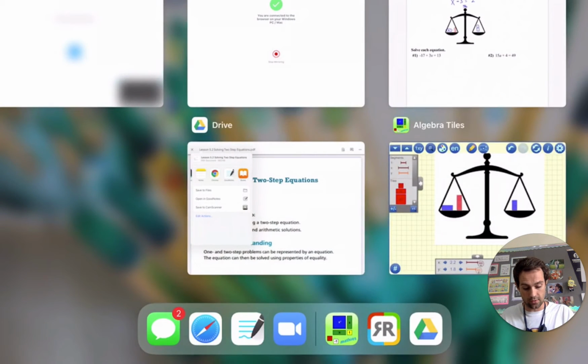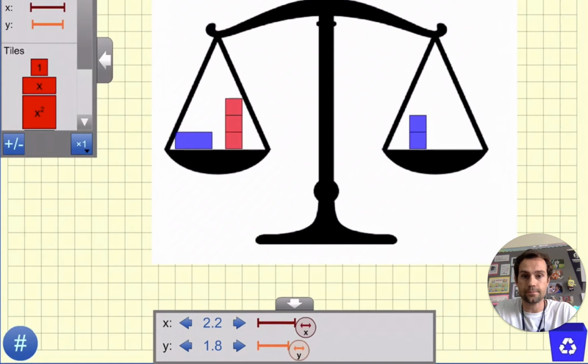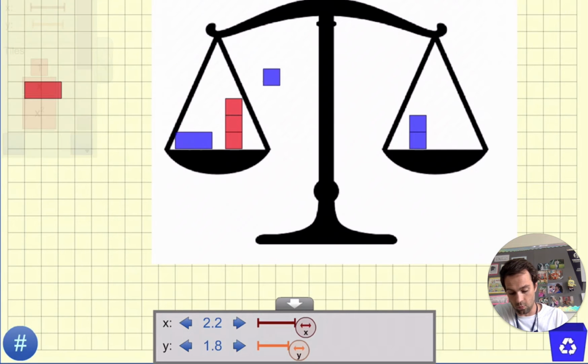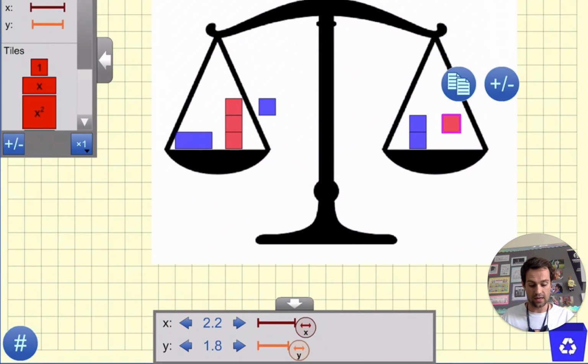So we're going to go ahead and model this over here, where we can see whatever we do to one side of our scale, we need to do the same thing to the other side. So we have x and we have our negative 3. If we decided to add 1 over here, we would have to do the same thing to the other side. We've added 1 to the left side, so we need to add 1 to the right side.